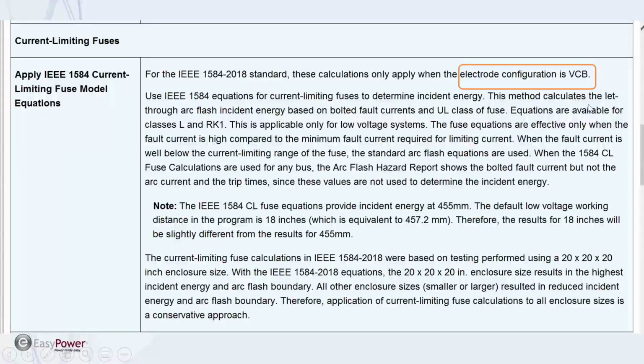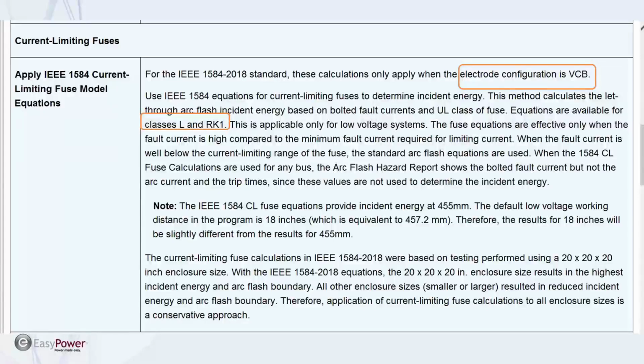First of all, they only apply to systems that have electrode configuration, because this is what was used in the test battery, and it's unclear how far out afield the results would lie because the tests weren't done with other electrode configurations. So it's only applied to electrode configurations vertical in a closed box.